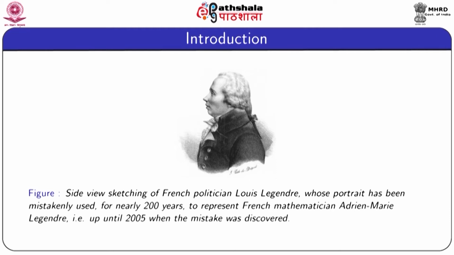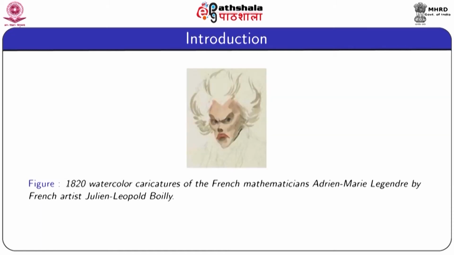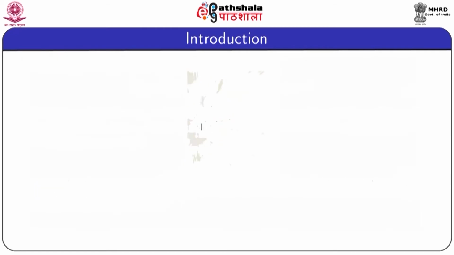So, what is the true picture of Legendre? Unfortunately, we do not have it. This is the only sketch available on the internet which gives you Legendre's portrait, which was done by the French artist Julien Leopold Boilly.